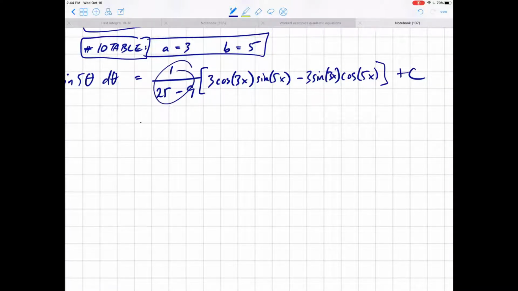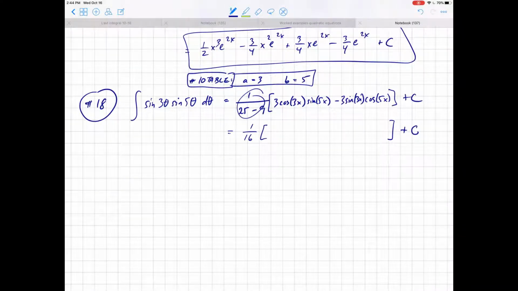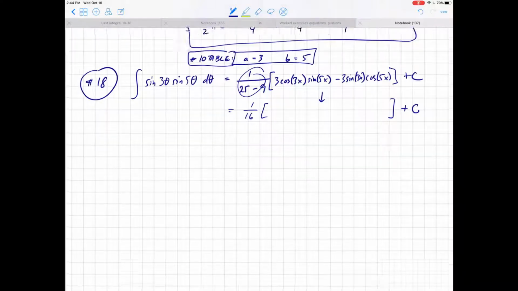And obviously you can just simplify this piece to 1/16 times all of that. All right, let's do one more. And that will be number 21.